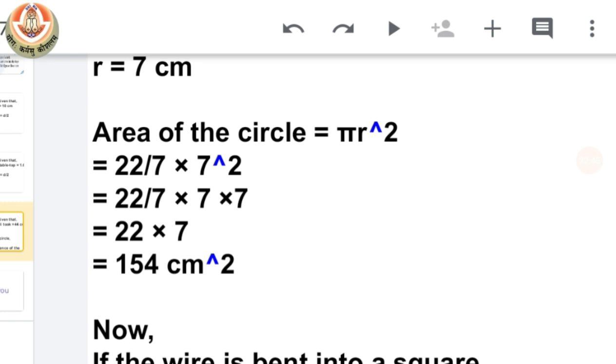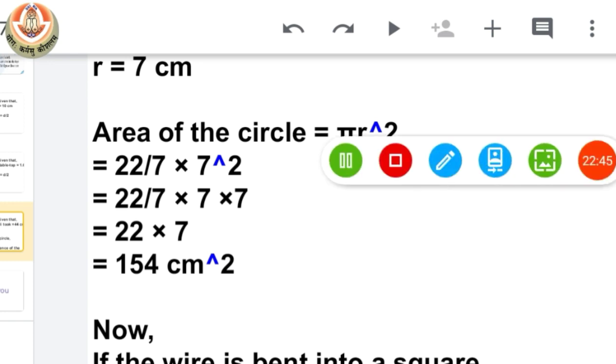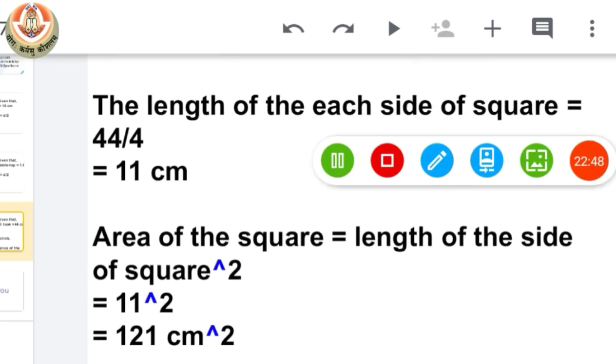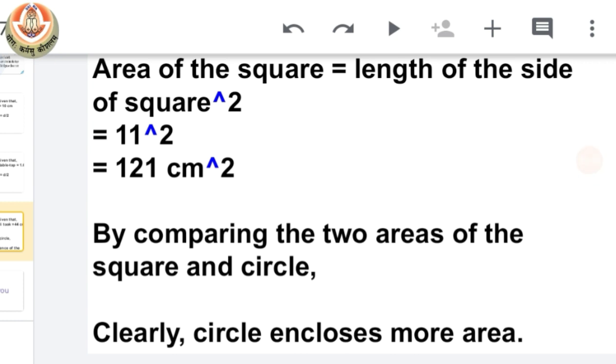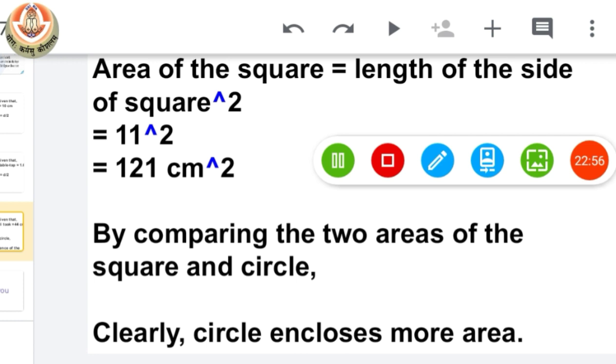So we can easily see that area of circle is more. So our answer will be circle encloses more area. This is our answer for the question number 9.